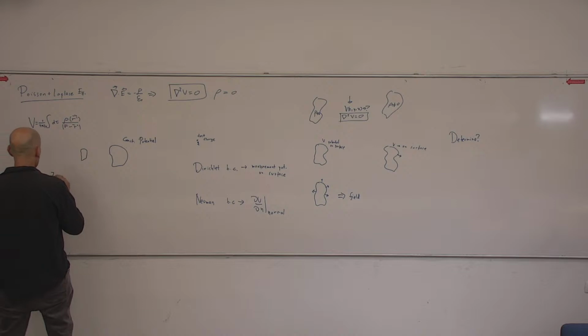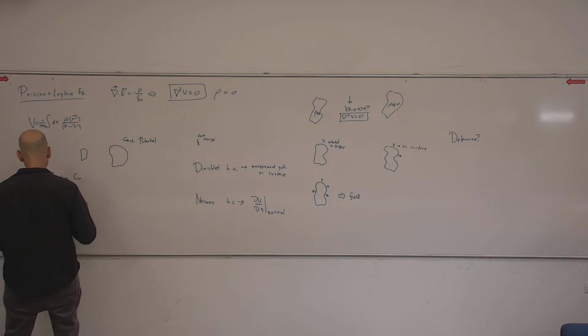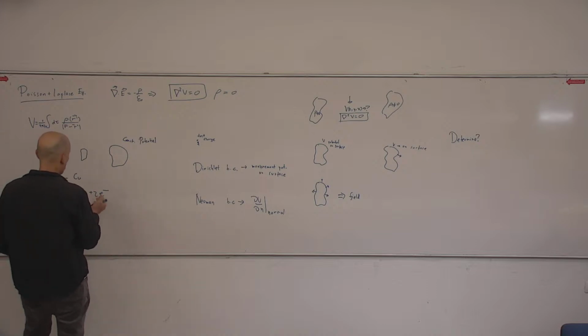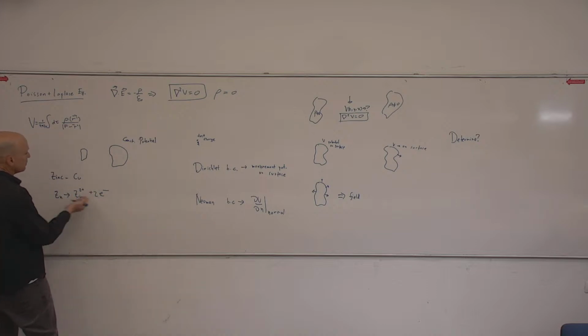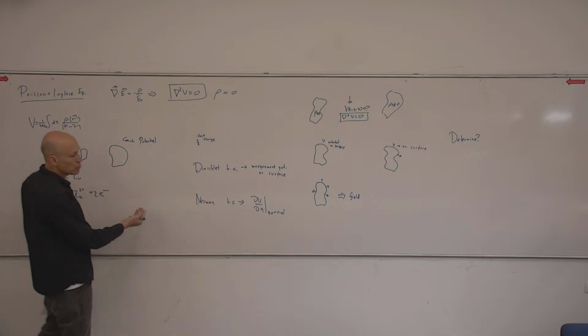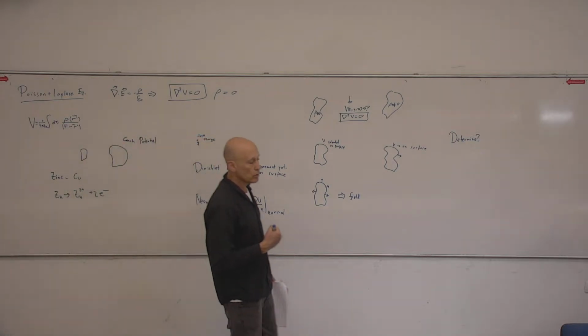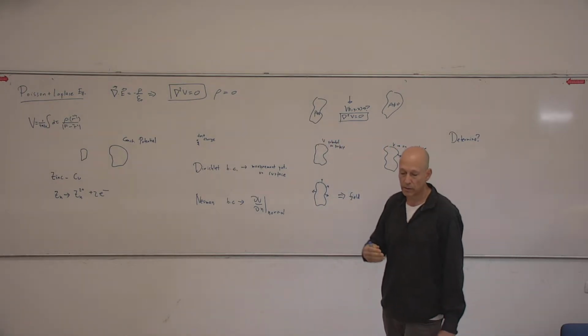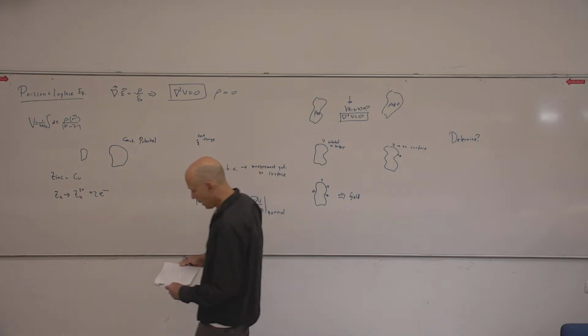So we have, for example, the simplest battery. It does a chemical reaction, Zn goes to Zn2+ plus 2 electrons. So this is just like some chemical reaction where you supply electrons, and you can also take electrons away, and it can be ions, it can be many things.